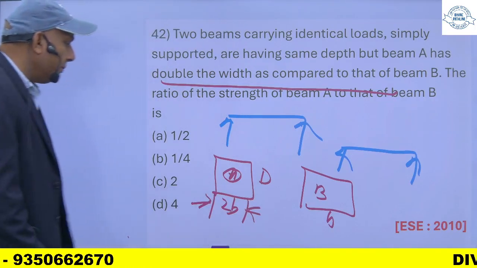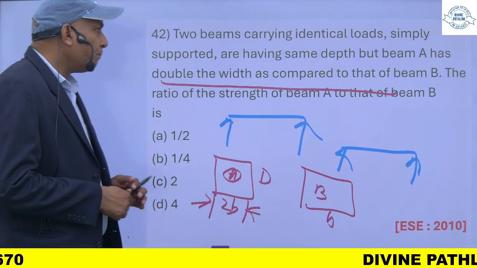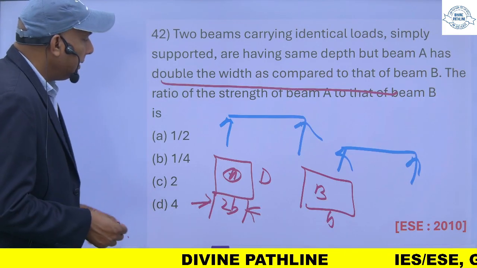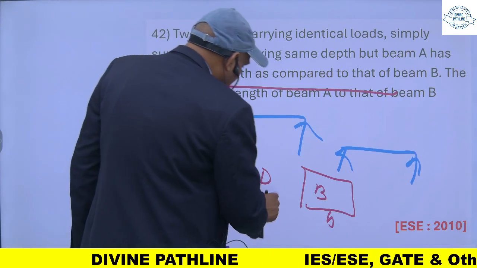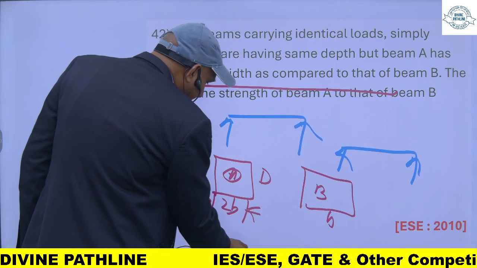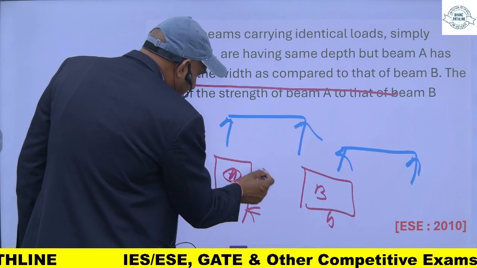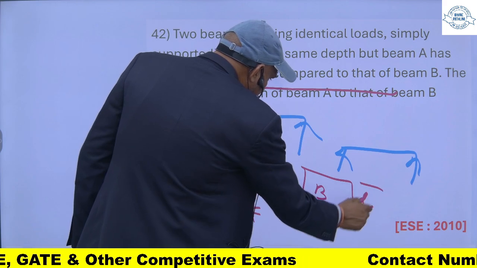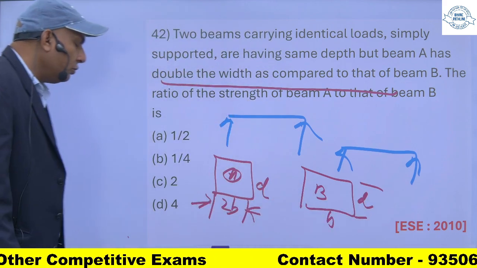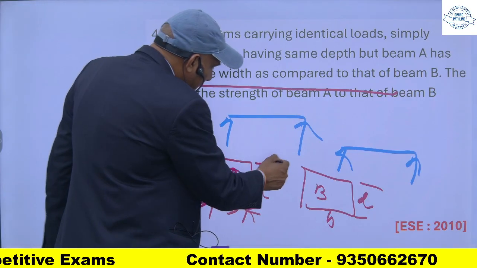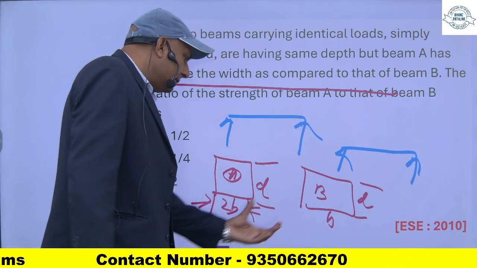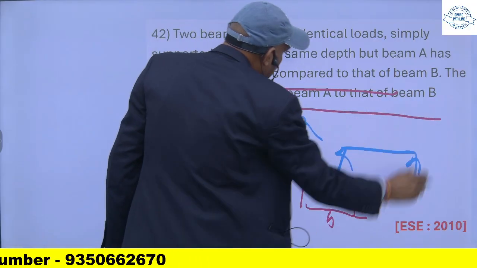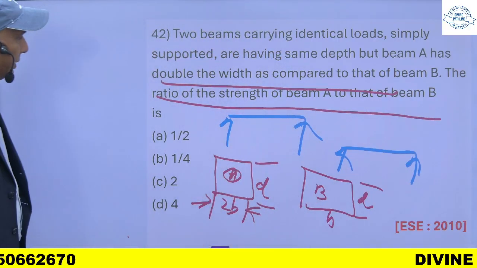The width of beam A is 2 times the width of beam B, and the depth is the same. This is small d, and the depth of the two beams is the same. What is the ratio of the strength of beam A to that of beam B?